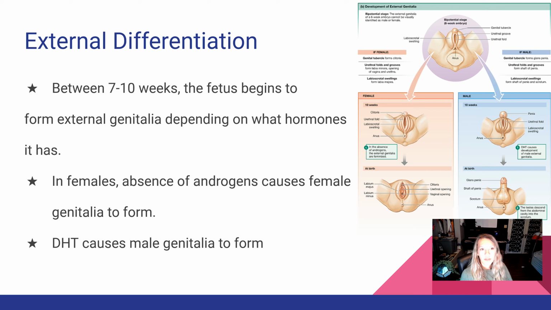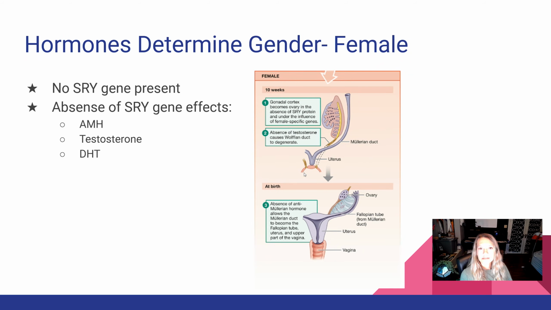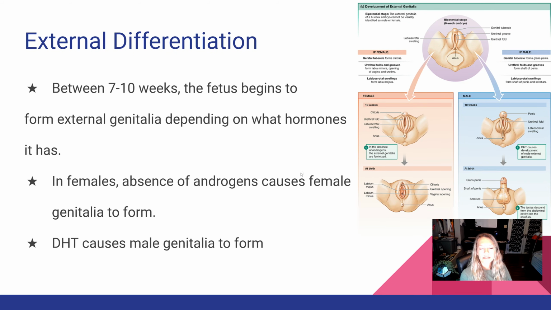I wanted to point out the external differentiation. And so if you look at this picture, you can see that at 6 weeks, the embryo in a male and female looks exactly the same. You can't tell if it's going to be a male or female. But then between 7 and 10 weeks, the fetus begins to form external genitalia, depending on what hormones it has.